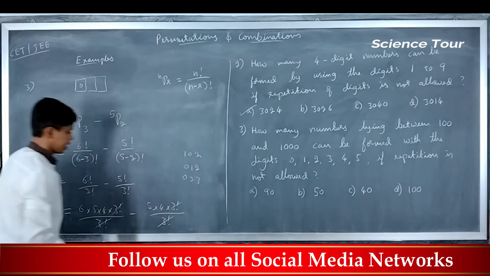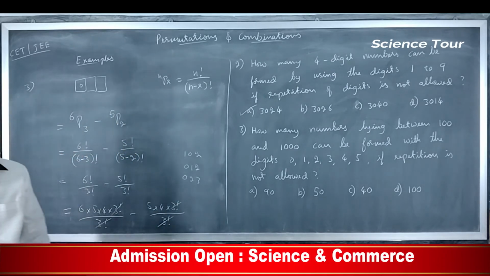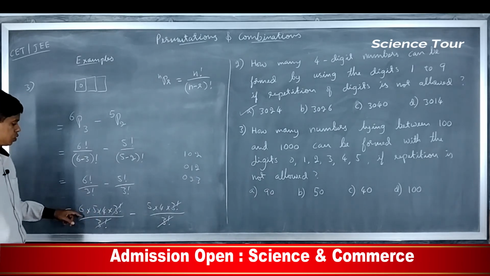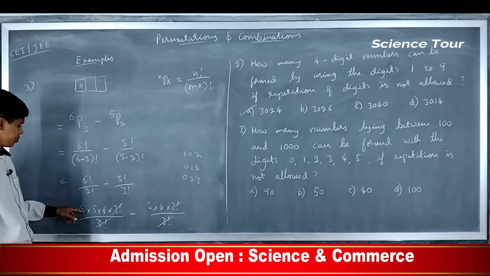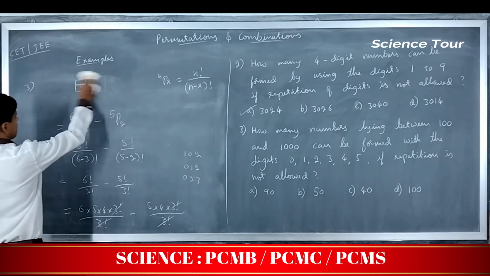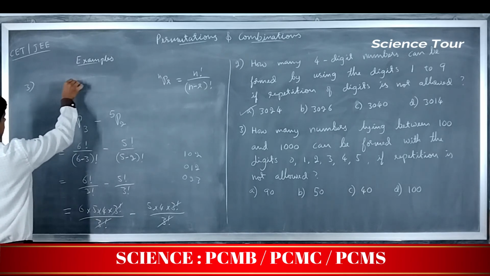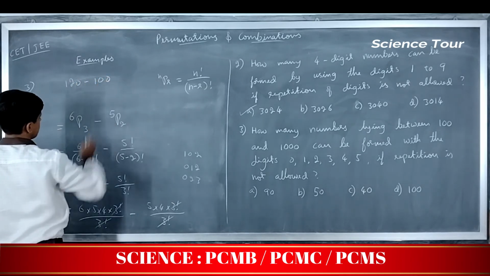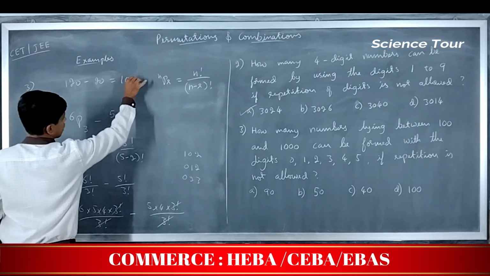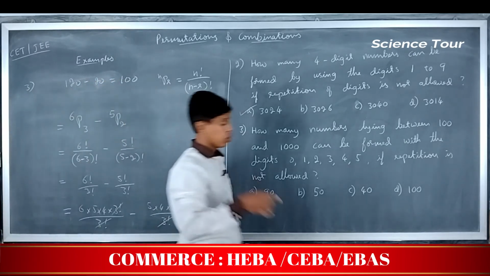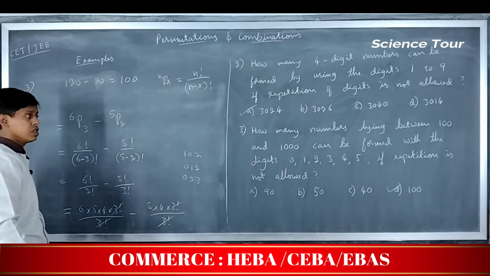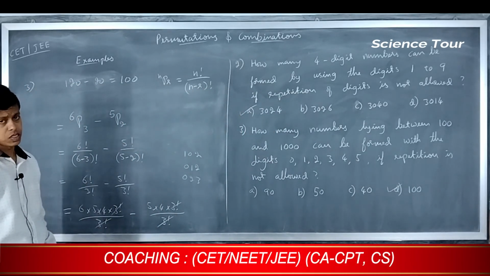So cancel that out as well. Now how much is this? 120, correct? Minus 20, that's 100. So this is 120 minus 20, which is 100, and 100 is in option D. So option D is the answer. So there are totally 100 numbers possible.